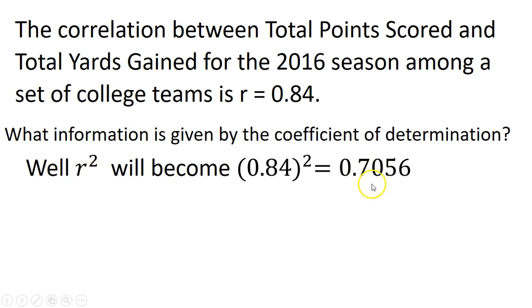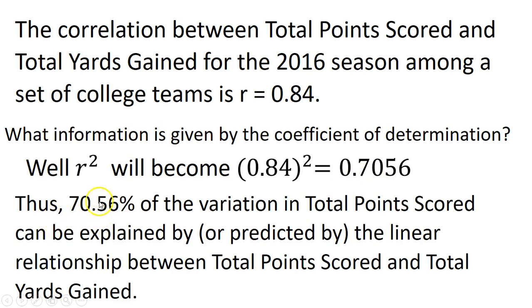that's close to 71%-ish, right? Thus, around 71% of the variation in total points scored can be explained by a linear relationship with total yards gained.